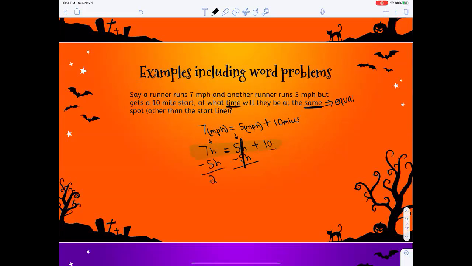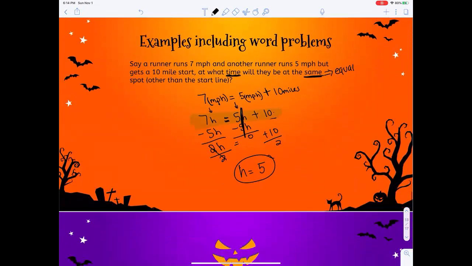That gives me 2h, and then this is 0, but this is plus 10. So now I have 2 multiplied by h equals 10. I'll divide by 2 on both sides, and I'll get h equals 10 divided by 2, which is 5. At h equals 5, they will be at the same point.